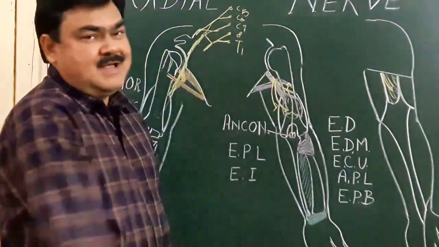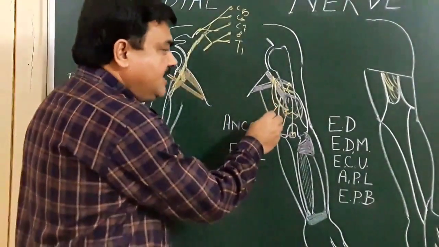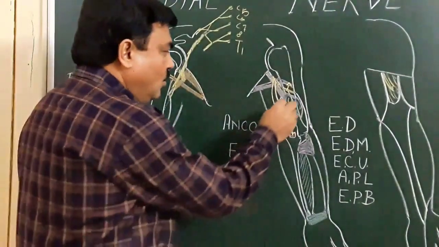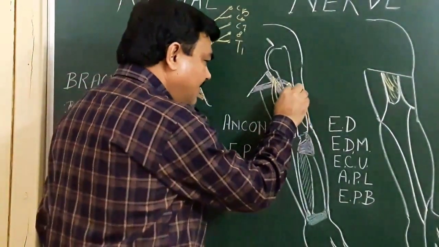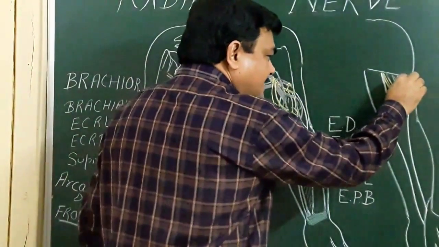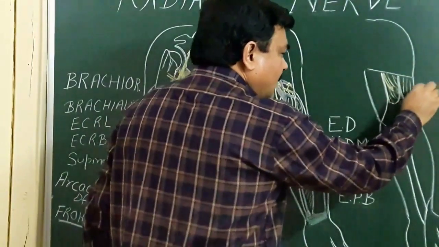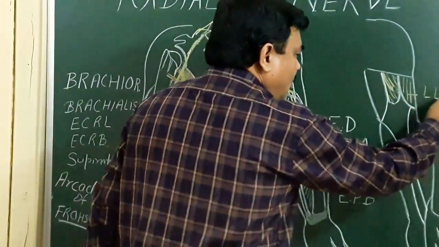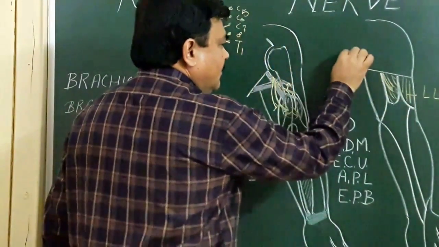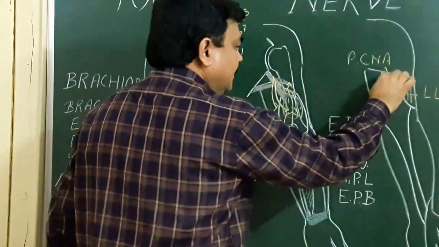These are two muscular branches, and there are two cutaneous branches. One cutaneous branch is the lower lateral cutaneous nerve of the arm. This area is the area supplied by the lower lateral cutaneous nerve of the arm.